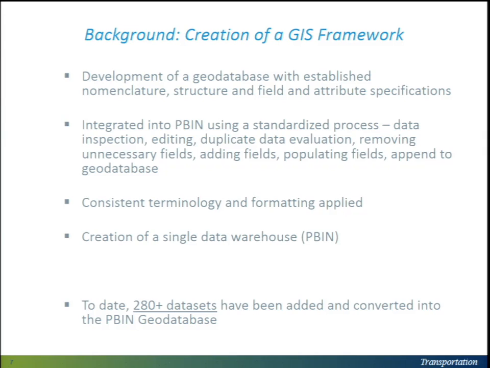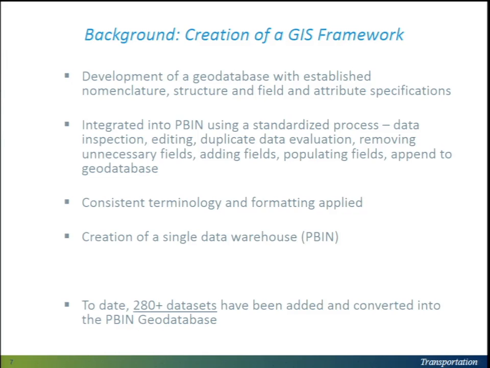Once we had our geodatabase and we had the data, ITRE, working with NC State again, integrated the data into PBIN, and they did a lot of these processes. There were a lot of geoprocessing tasks, nothing too complicated, but a lot of tedious exercises they had to undertake.